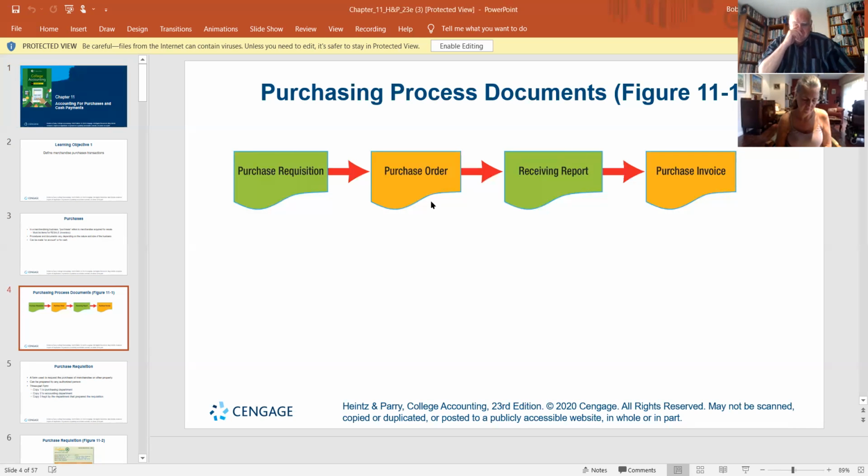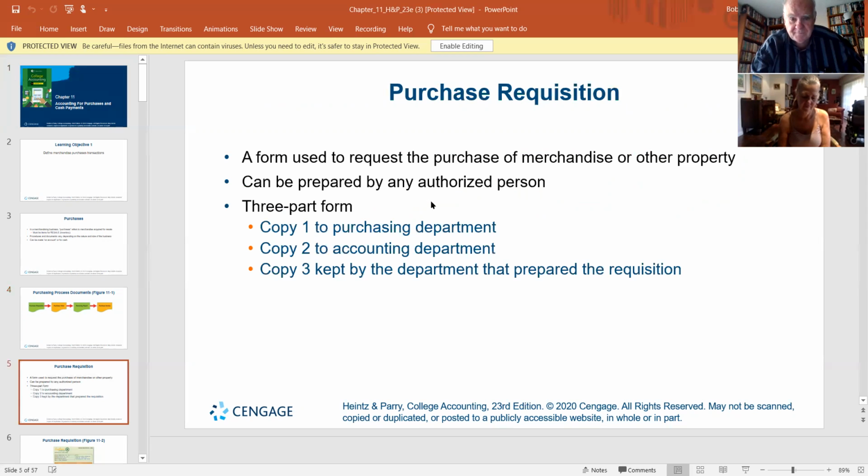If your boss says okay, you can have that new computer, they'll turn it over to the purchasing department, who will create a purchase order. Then the goods arrive and someone signs off on a receiving report, and you're going to get an invoice in the mail. You're eventually going to staple all of those together and wait until it's time to make the payment on the bill. So just be familiar with those 4 forms.